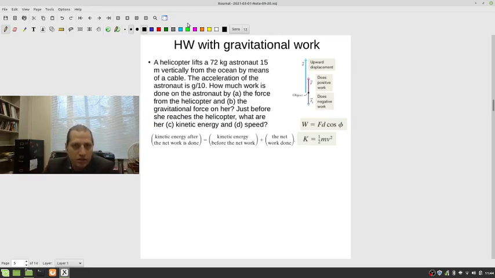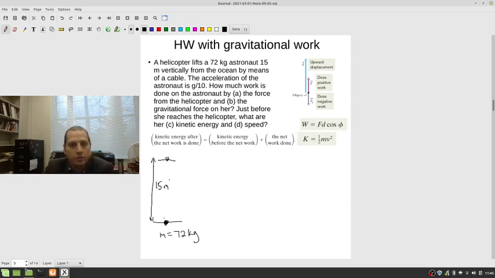In this case, we have a helicopter. There's an astronaut who's on the ground, or I guess on the water, who's going to be picked up by a helicopter. She weighs 72 kilograms, and the helicopter is 15 meters up.